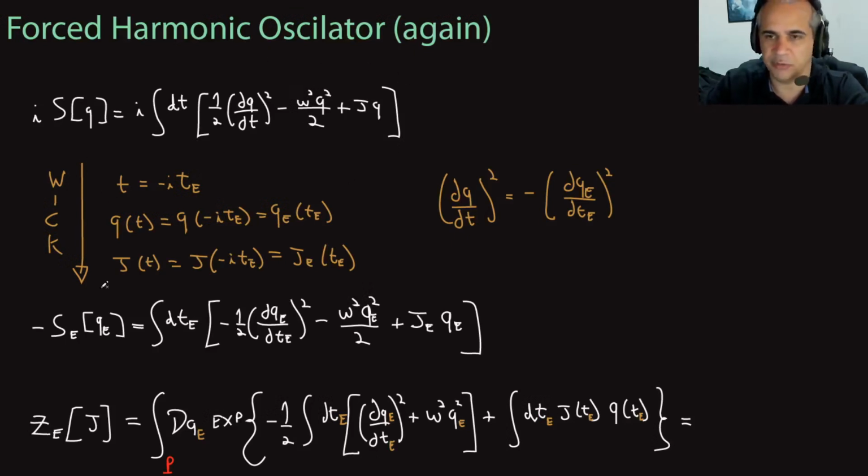If I do a Wick rotation, I'll just make these changes, which are the same I just made for the free harmonic oscillator. I'll do the same for the source that I did for the coordinates, right? So I just define a Euclidean source, the derivatives get a sign, and then I can write minus the Euclidean action like this. It's just putting all the substitutions in there, you get this expression.